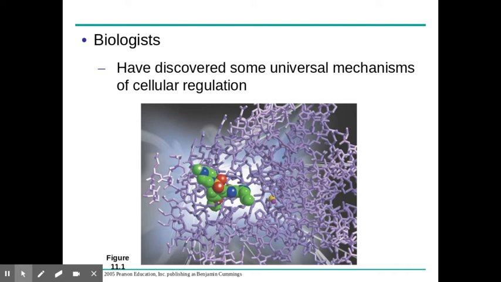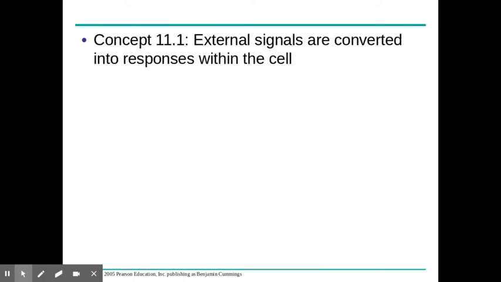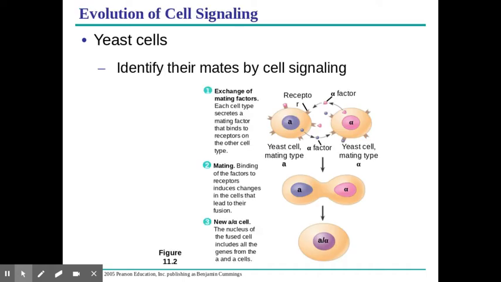We have discovered as biologists some universal mechanisms, which is really how we will break this chapter down. 3 specific mechanisms. So section 1 is really an overview. The overall look at this is how external signals are converted into internal responses within the cell. So how do cells respond is kind of the overall picture.